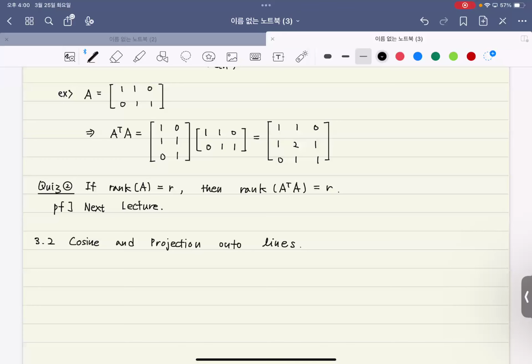In this section, I want to generalize the result. We will be talking about projection in higher dimensional vector spaces, not only in 2 dimensions. And also, speaking of projection, there are 2 types of projections.